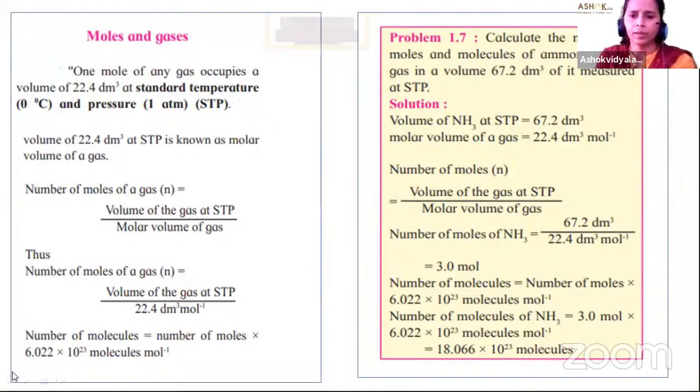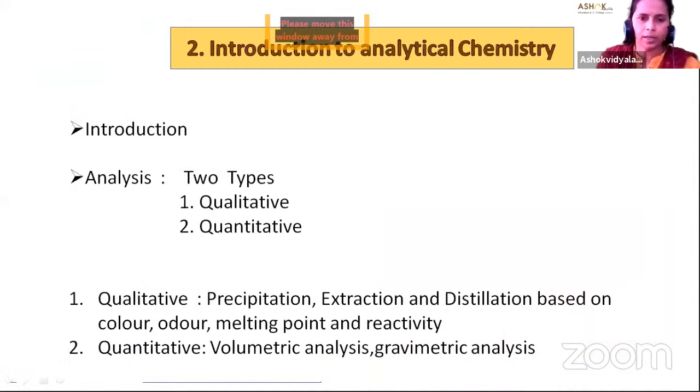Okay. Now next, the introduction to analytical chemistry. We will just do the introduction of this chapter. Again, a very interesting chapter. Of the 5 different branches of chemistry, analytical is one of the very important branches. How does analytical chemistry help us? It facilitates different types of investigation of the chemical composition of compounds. For example, what pigments are present in a given plant extract, or what percentage of nitrogen and sulfur is in the fertilizers or pesticides which we synthesize.